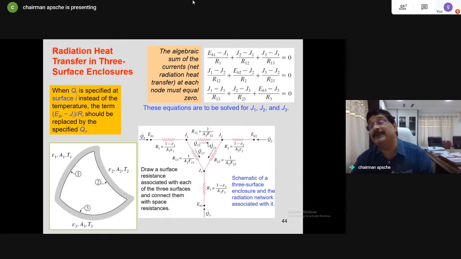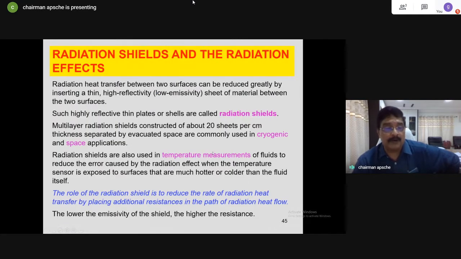Because EB1, EB2, EB3 are easy to calculate if you know the temperature of the surface. Black body emission is sigma T power 4, simple equation. So because I know that, I need not worry about J1, J2, J3 because I have the surface resistance. And straight away I solve any complicated problem. Okay. So now towards the end of it, I just talk about radiation shields.